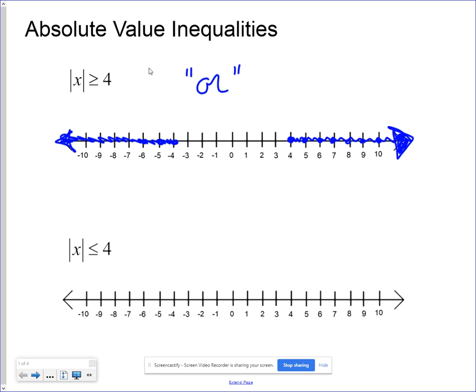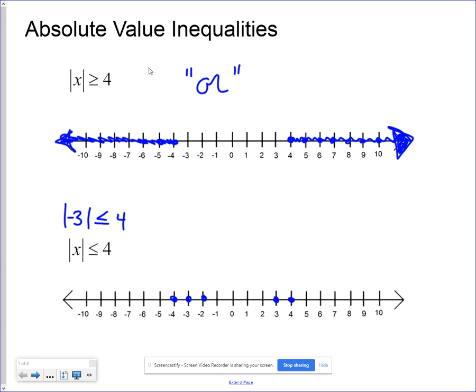Let's look at the bottom example. Let's think about some values that will make the absolute value of x less than or equal to 4. Well, both 4 and negative 4 would work. What about 3? Is the absolute value of 3 less than or equal to 4? It is. What about negative 3? It is.